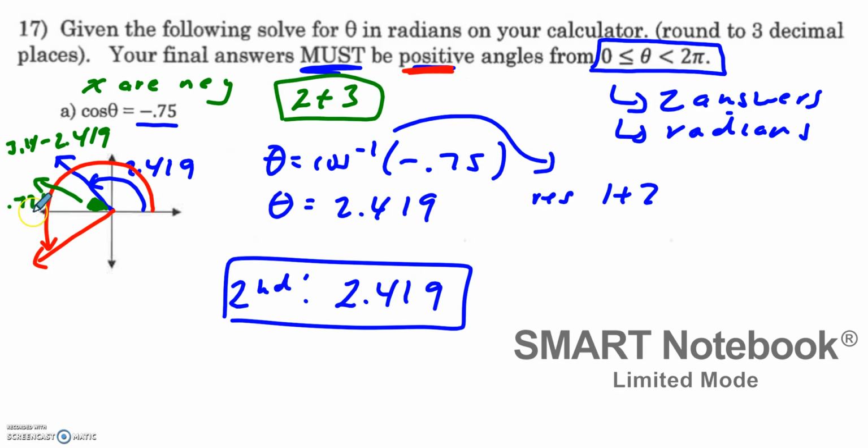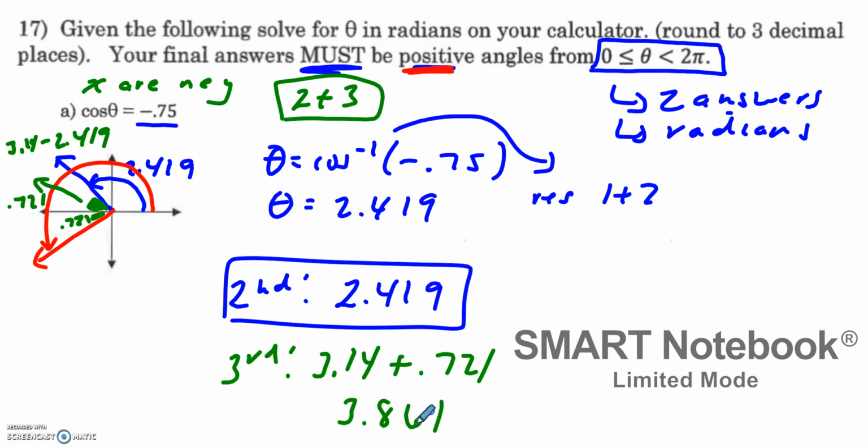The reason that matters is if I want to find the red angle, I'm going all the way around to 3.14, and then if this little guy is 0.721, this little guy is also 0.721, because they're both reference angles. So to find my third quadrant answer, I would go past pi, or 3.14, plus the reference angle of 0.721, which will get me an answer of 3.861 for my other answer.